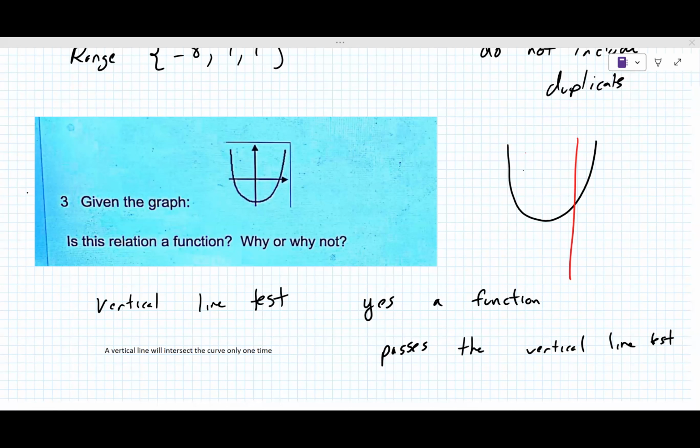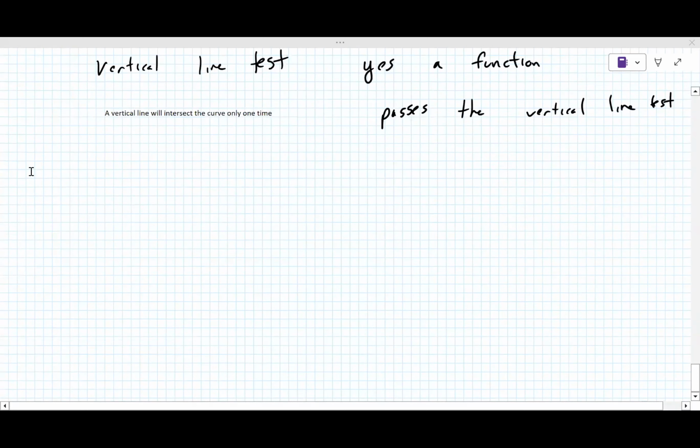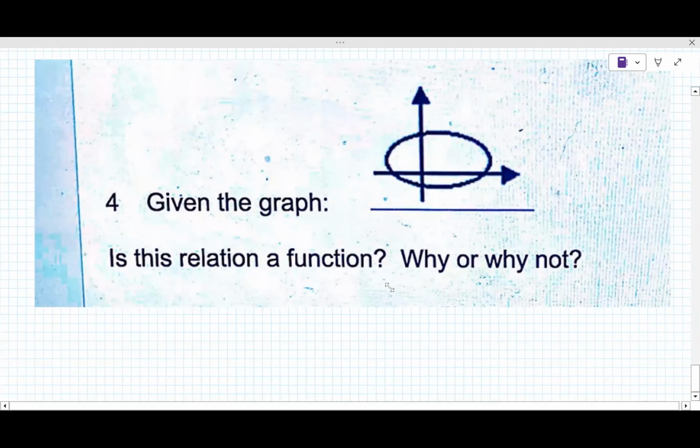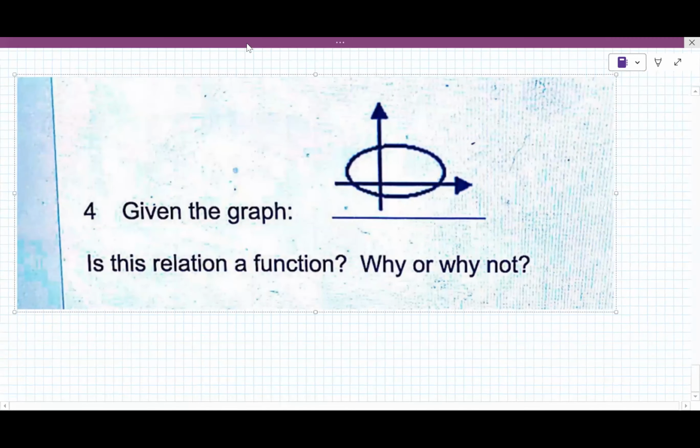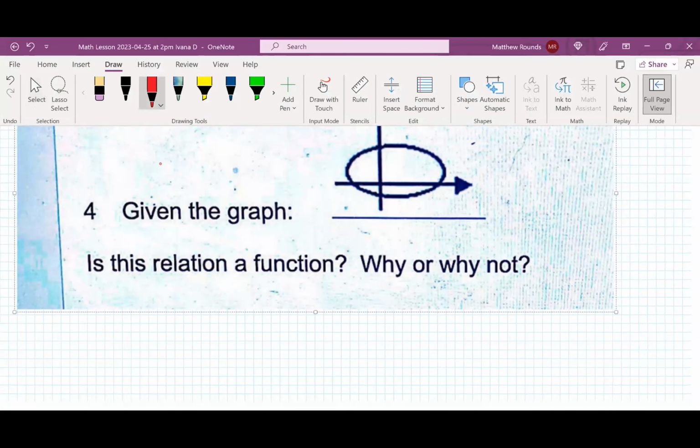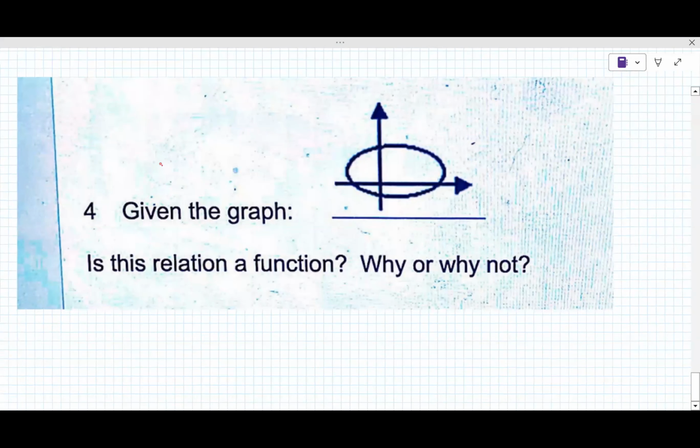All right, so for number 4, I'm glad they've got number 4 here, because you should see what it looks like when it does not pass the vertical line test. Why is it an oval? Well, there are graphs that are oval. There are graphs that look like a lot of things, but if you draw a vertical line here, how many times does it intersect the curve?